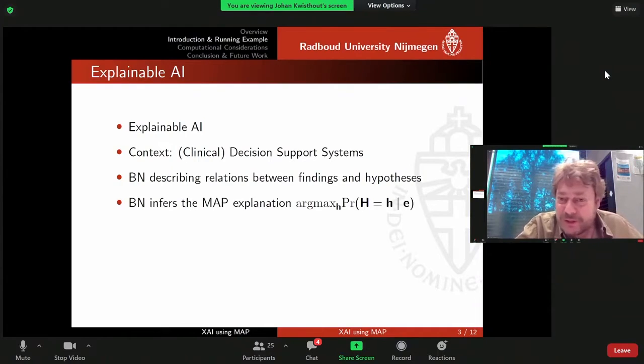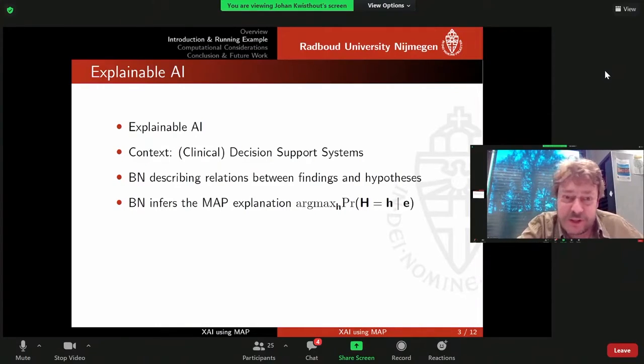Indeed, as suggested, Bayesian networks are not so much black boxes as deep neural nets, in the sense that there is semantics associated with the variables. But still, even if this decision support system could give this particular explanation, so that joint value assignment lowercase h, which has the maximum posterior probability given the evidence, it still is a bit of a black box, because there is no reasoning behind that justifies why h and not some h prime would be the best explanation.